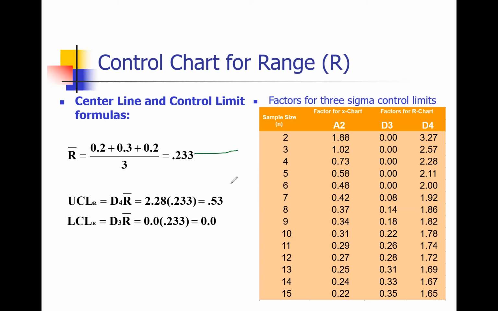Central line, upper control limit, and this is the lower control limit. This is all about developing a control chart using range or R bar, and then we move to the next section.